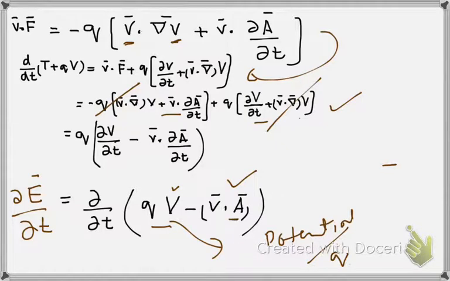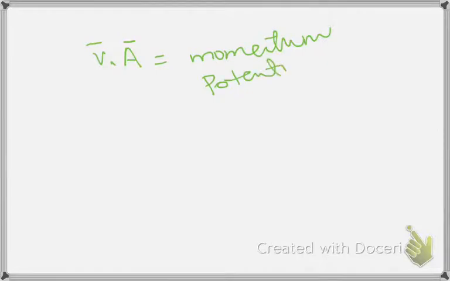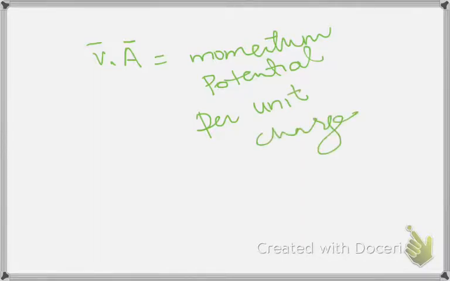But due to A, you can call it momentum potential per unit charge. v dot A is momentum potential per unit charge.